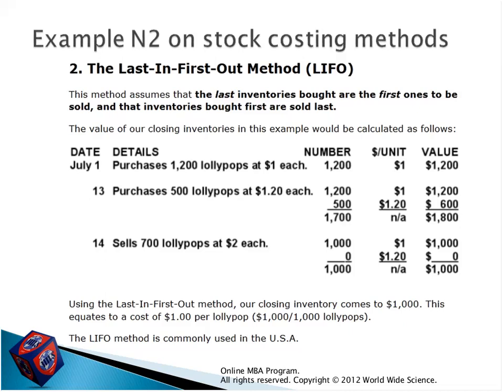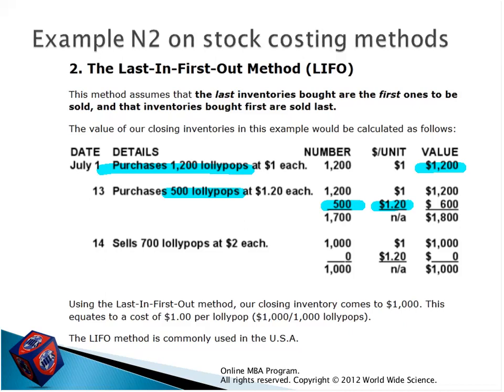Let me see first. Here the purchases are 1,200 lollipops at first, bought at $1 each. So the value here is 1,200. The second purchase was 500 lollipops, bought at $1.20. Here is 500 times $1.20.